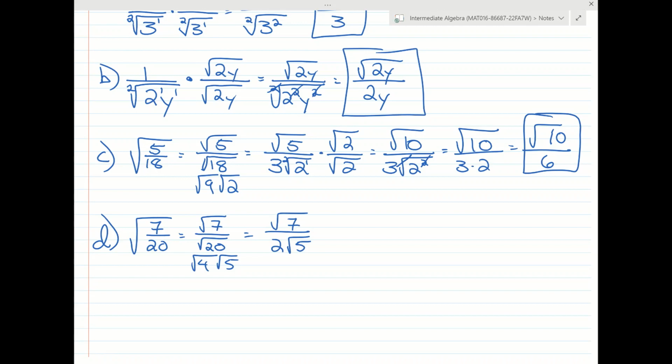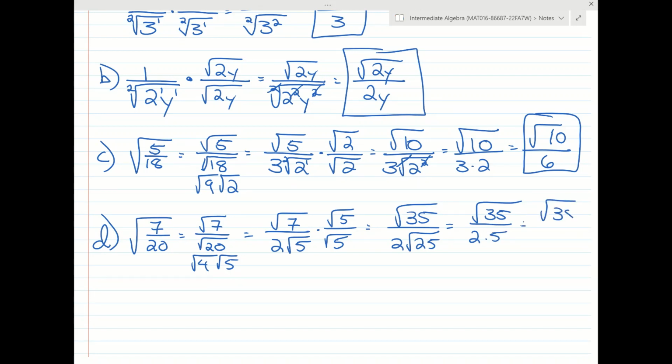So obviously the square root of 5 is the problem. So let's multiply by the square root of 5 over itself. And we get the square root of 35 over 2 root 25. Square root of 25 is 5. So square root of 35 over 10 would be the answer.